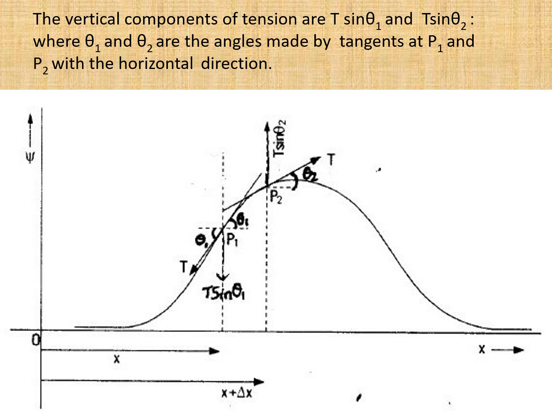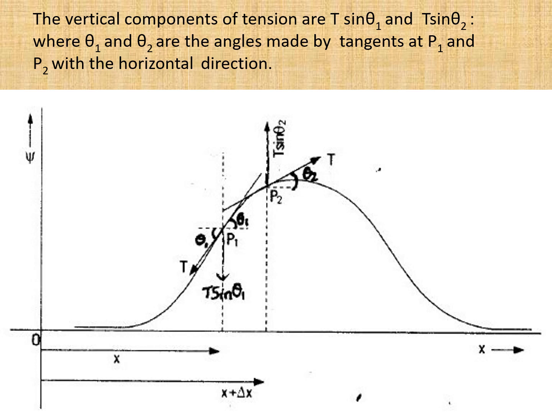That's why they haven't shown them in the diagram. So the fourth point is the vertical components of tension are T sin theta 1 and T sin theta 2, where theta 1 and theta 2 are the angles made by tangents at P1 and P2 with the horizontal direction.